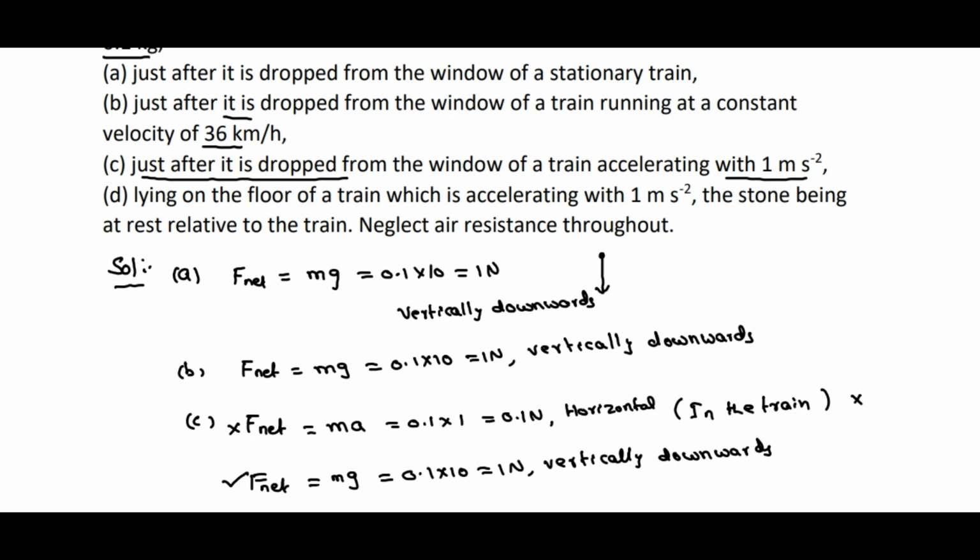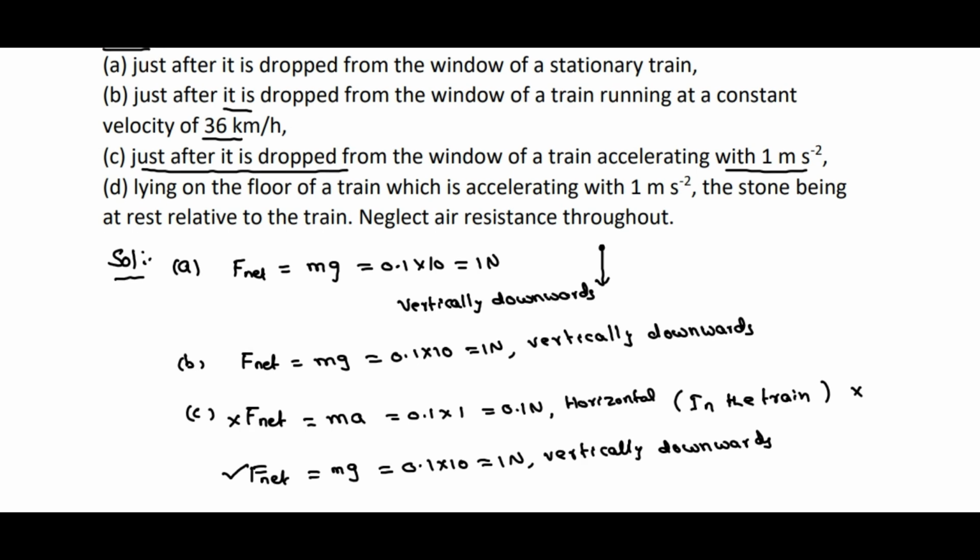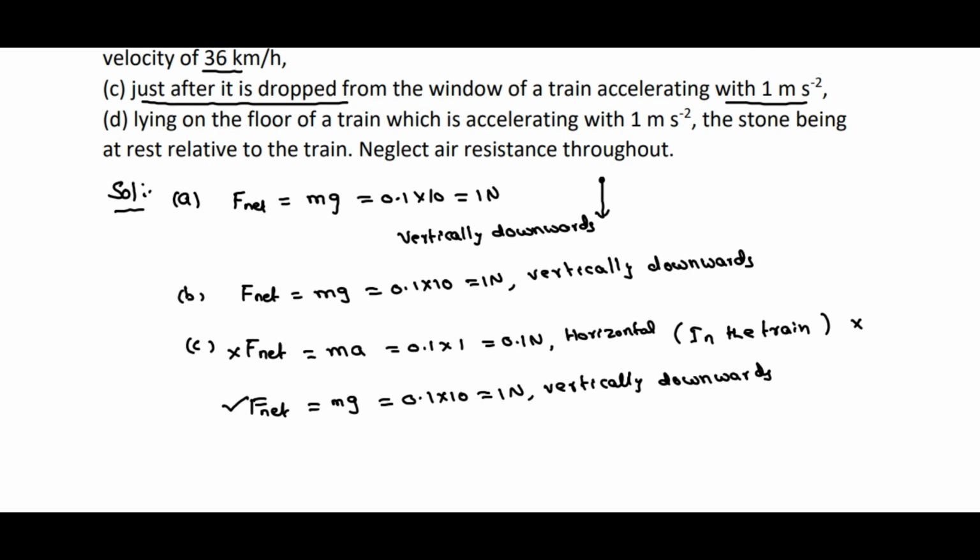While coming to D, lying on the floor of a train which is accelerating with 1 meter per second square, the stone being at rest relative to the train. Now, here the stone is not dropped. It is within the train itself, moving along with the train, with the acceleration of the train. So, definitely, it will have a force in the direction of motion of the train.